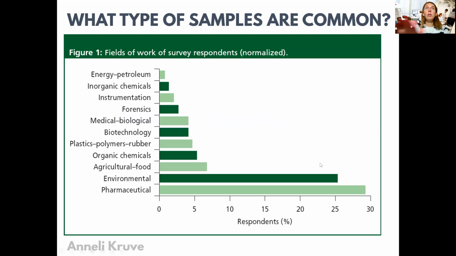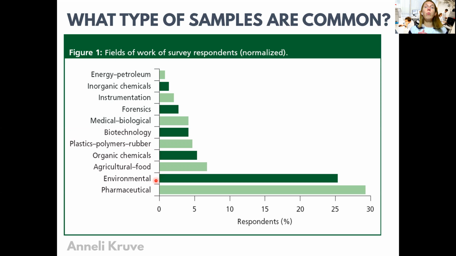And among other questions, they also asked about sample preparation. And one of the questions that they asked was what types of samples are being analyzed by the readers of LCGC. And among LCGC readers, the most popular types of samples were pharmaceutical samples and environmental samples.